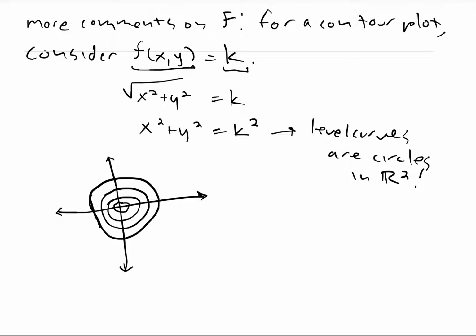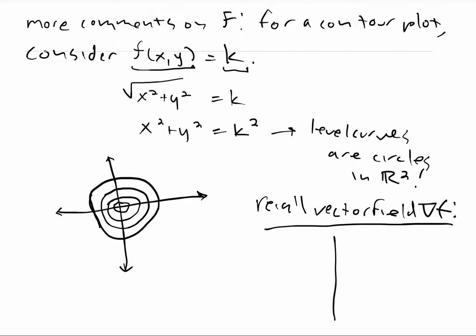Now, a comment that I'll go ahead and make, if I wanted to recall what that vector field for my gradient of f looked like, well, we said that was full of all of those unit length vectors that just head away from the origin.